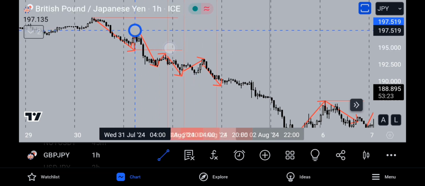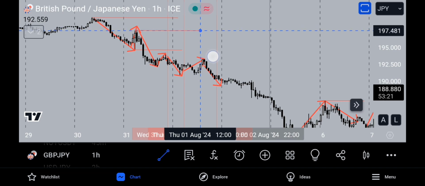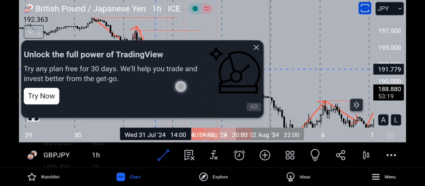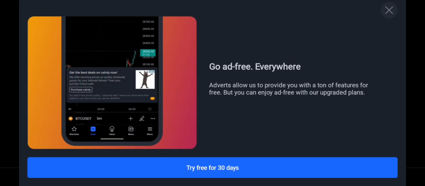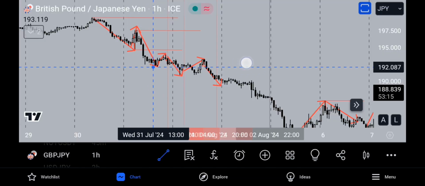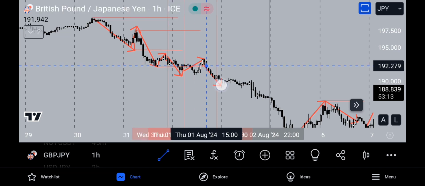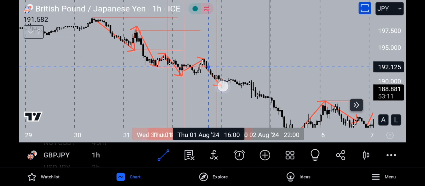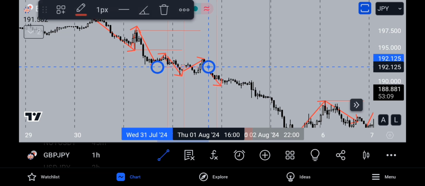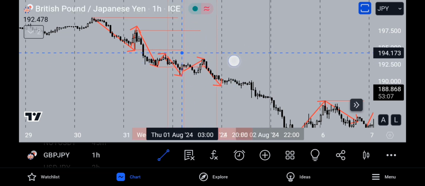Highs being respected, and what is happening to lows? Lows are being broken. So we keep doing this over and over again.